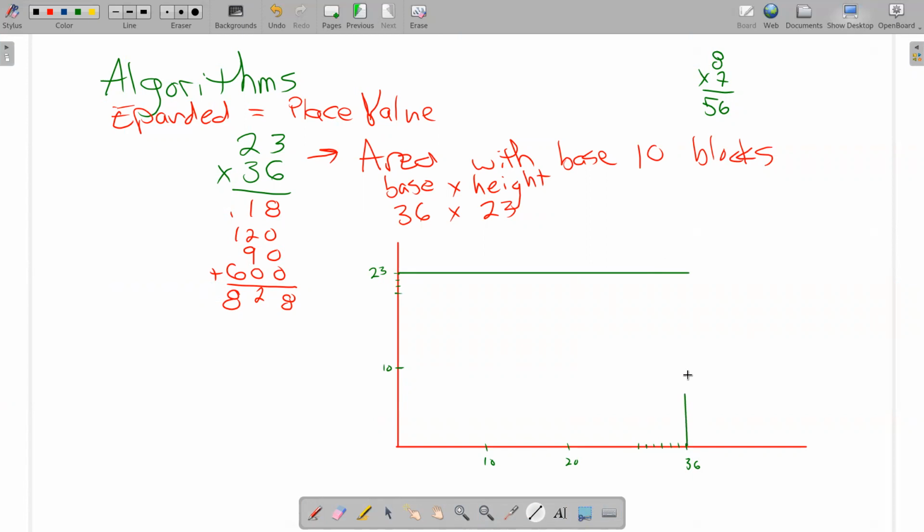All right. How does this relate to base 10 blocks? Well, if I built this with base 10 blocks, this 10 would go all the way up, and this 10 would go all the way up, and this 10 would go all the way up, and then so would my 1s.